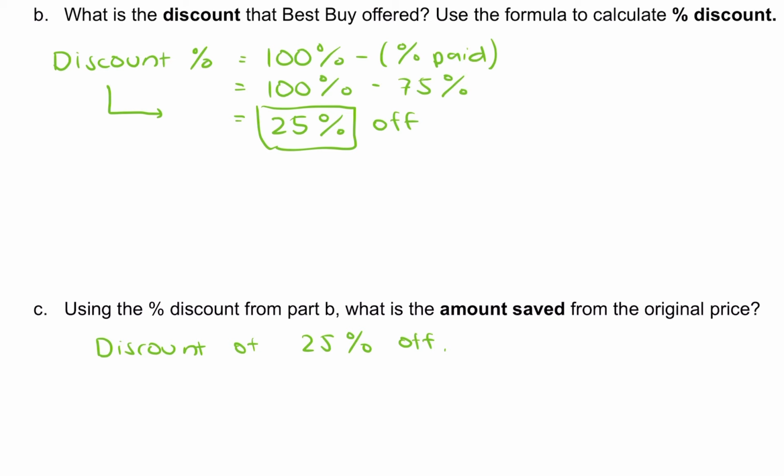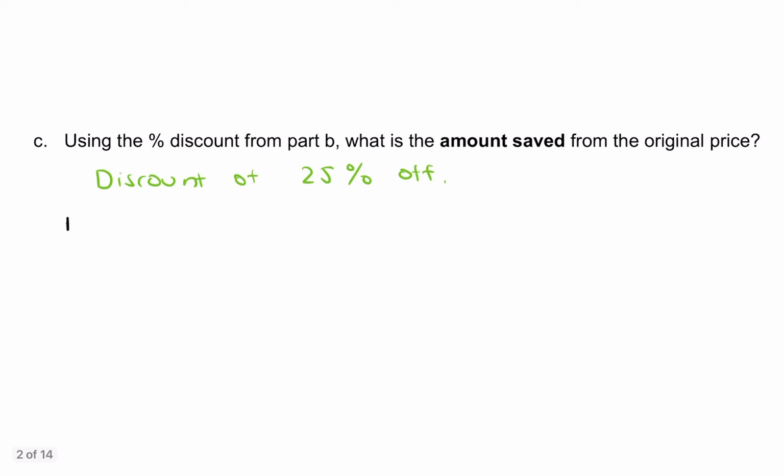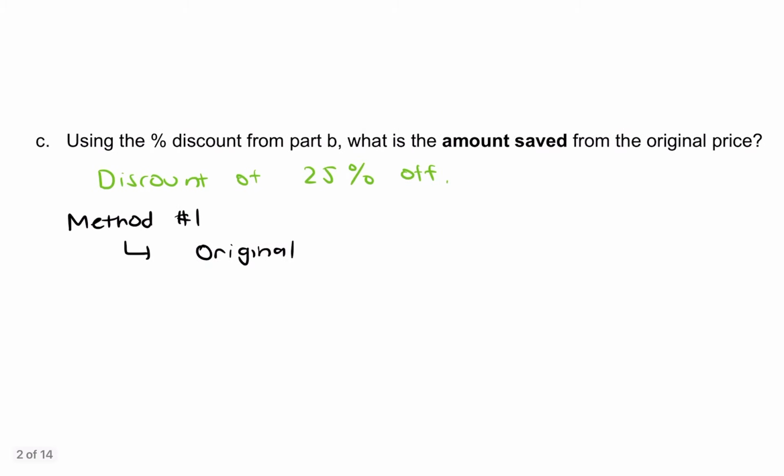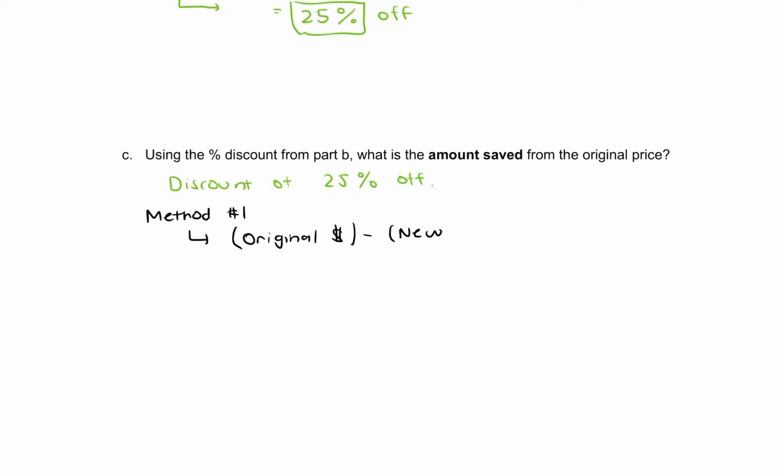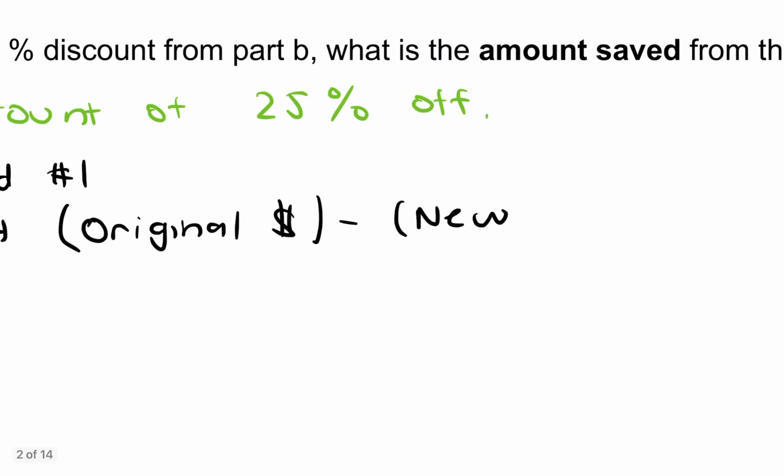Method number one: you can subtract. You get the original price and then you take out the new price, because obviously something changed between what you were supposed to pay and what you're now paying.